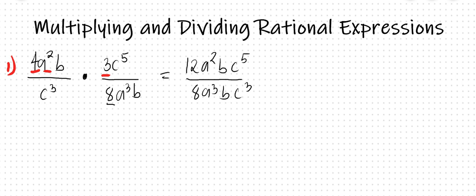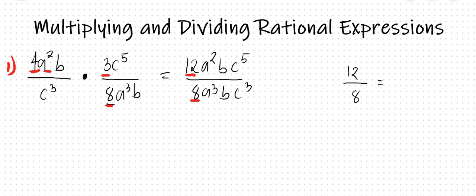Dito sa first, hindi pa natin minultiply. So you can see here, we have 4 and then we have 8 here. But this time, minultiply na natin. So meron tayong 12 and then 8 as numerical coefficients. Now, we need to simplify 12 over 8.